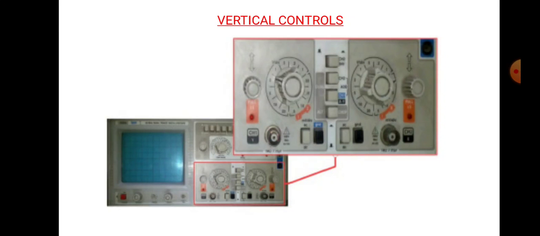There is also a vertical position knob here. We can use the vertical position knob to move the trace up or down on the screen, and it works in that manner.